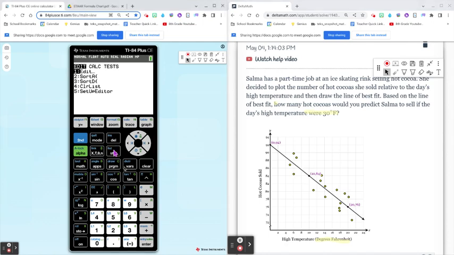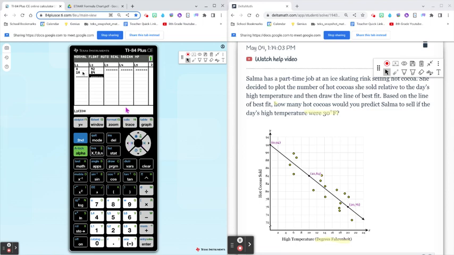So we're going to go to stat, and we're going to hit enter because we have to put these points in. So I'll just do 0 and 10, and I'm going to scroll around and see, I can just write it directly on top. You could delete, but I just wouldn't.